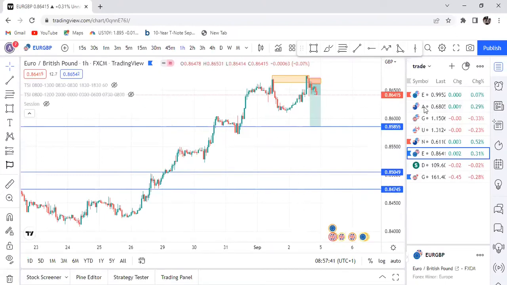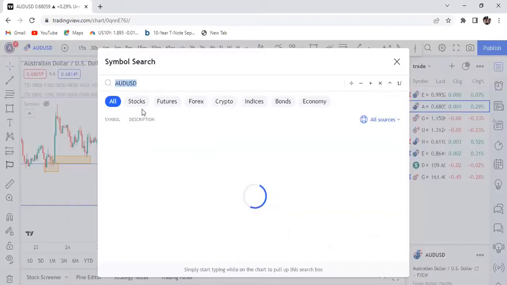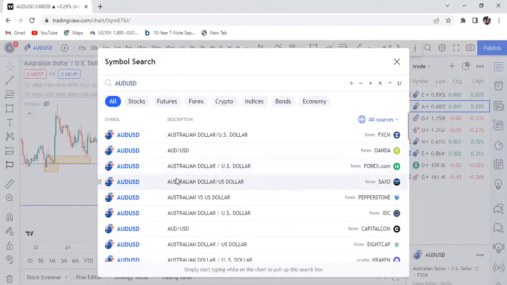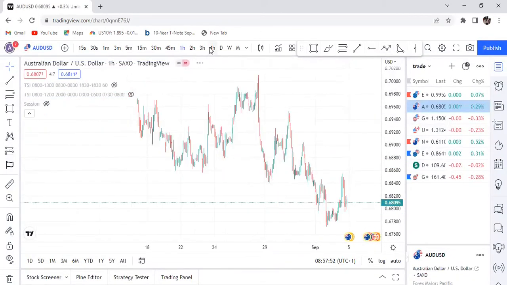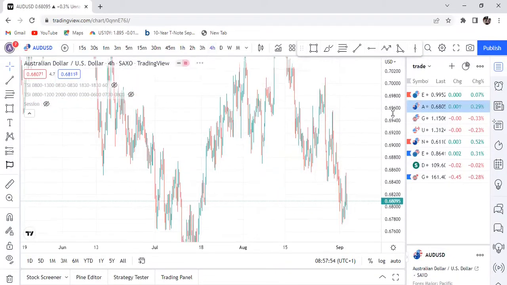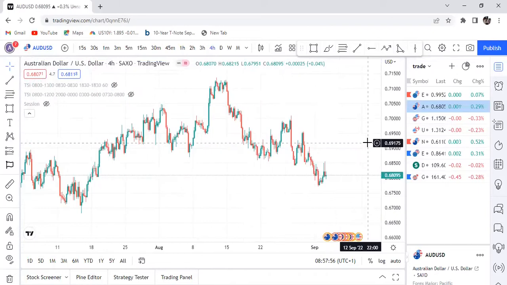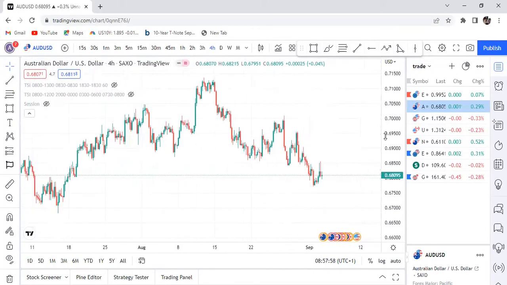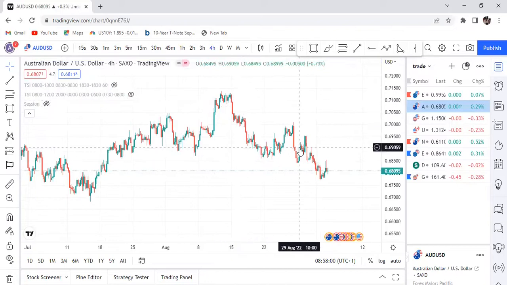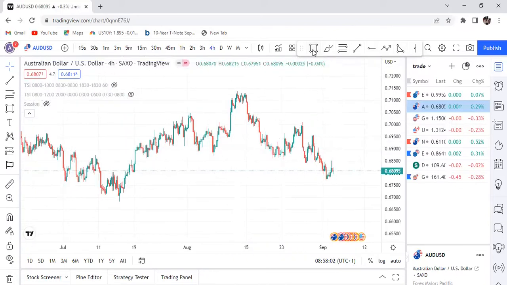Let's start with AUD/USD. So we'll go to a blank chart and go to a higher time frame. Now we can see that this market has been trending downward, and there's a good area of resistance here.